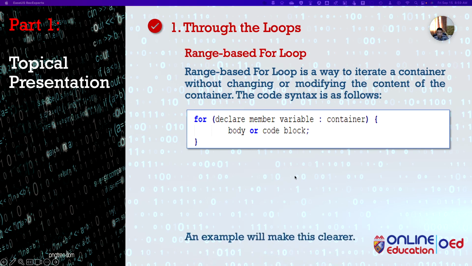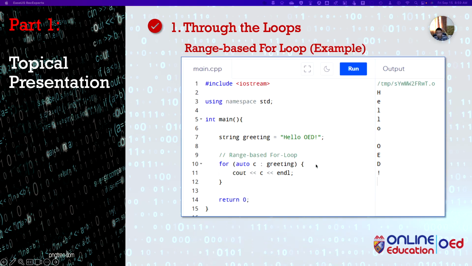Okay, so let's have an example. In this example, we declare a string called greeting. We define an uninitialized variable c in our for loop, which pertains to a character in the greeting.